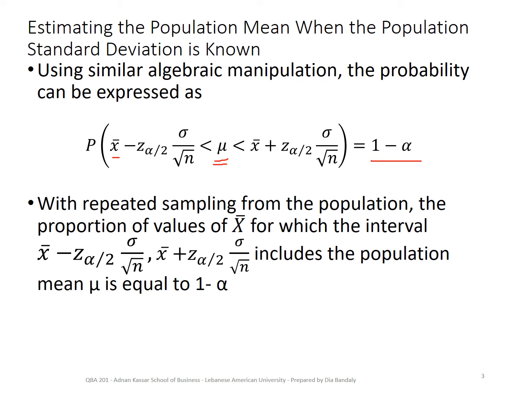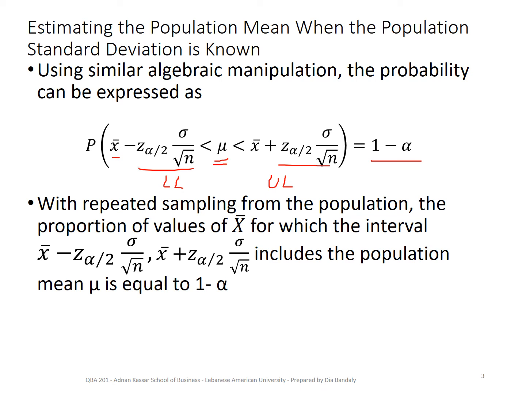So what we are saying is that with repeated sampling from the population, you will always get an x bar such that every time you subtract that value and add that value, you will have a lower level and an upper level where certainly mu will be between them.